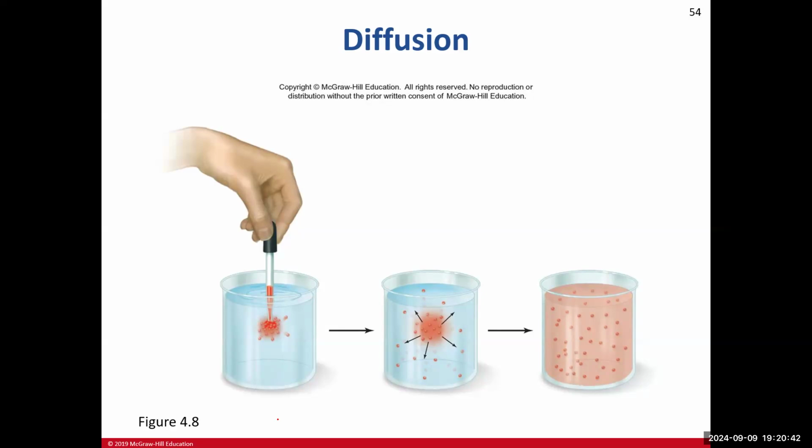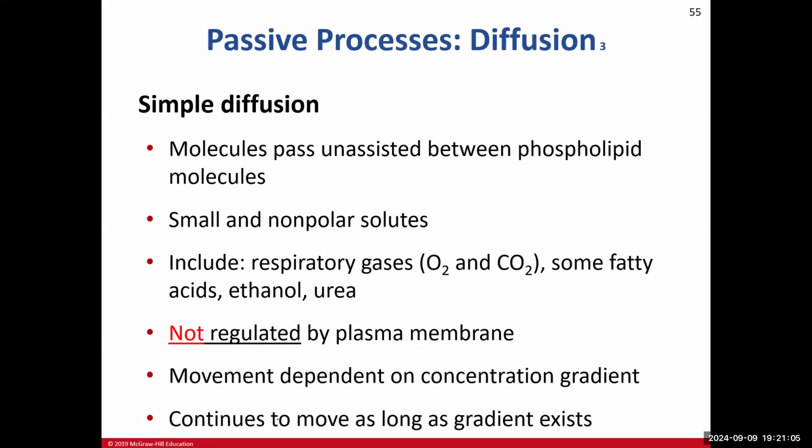And that's what we're seeing here. Those food coloring molecules gradually spread out, and then eventually it'll reach equilibrium, which means it has equal distribution all throughout this beaker. But we can see initially high concentration here, very low over here. That's what we're going to see when we talk about diffusion.